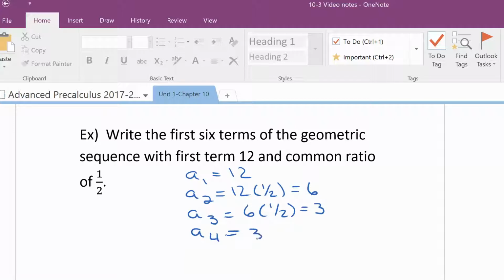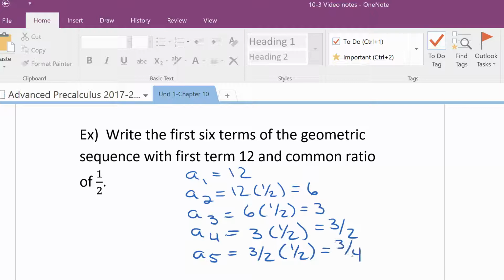Fourth term, which would be 3 times 1/2, which is 3/2. The fifth term would be 3/2 times 1/2, which is 3/4. And the sixth term would be 3/4 times 1/2, which would be 3/8.